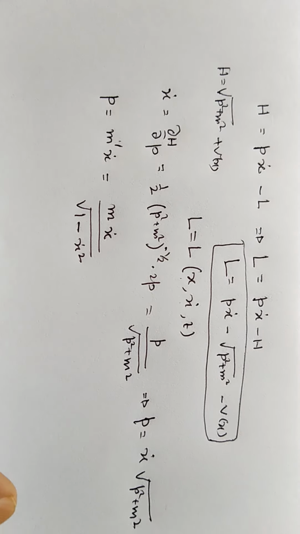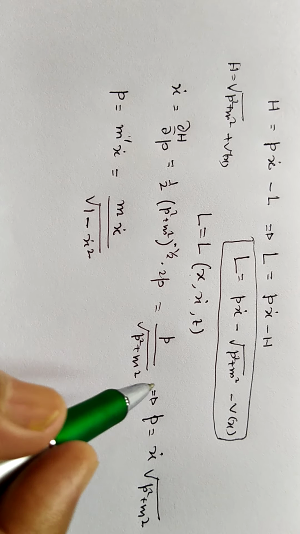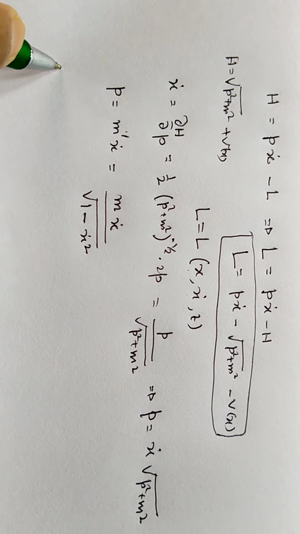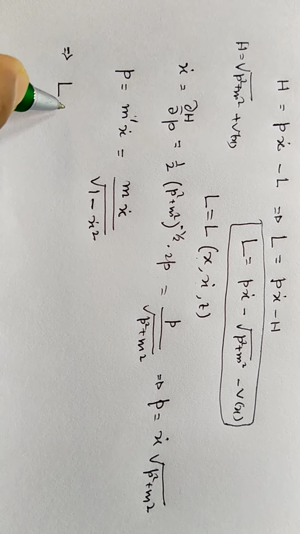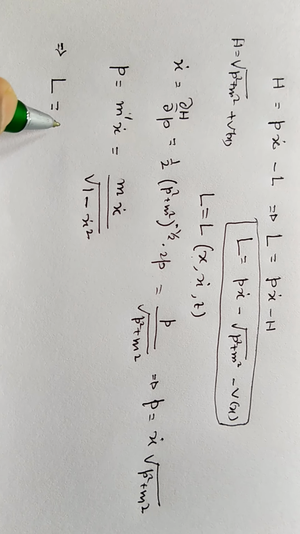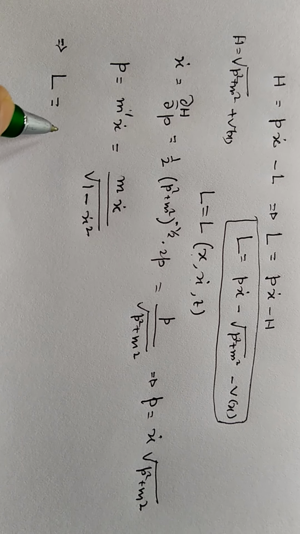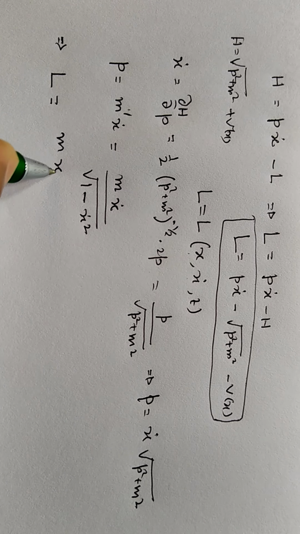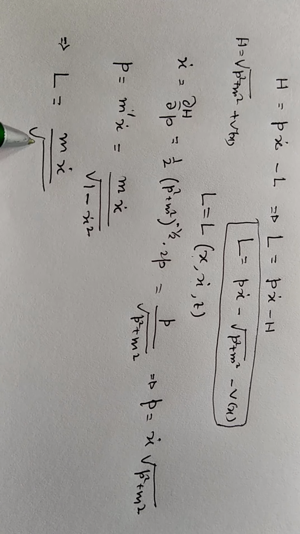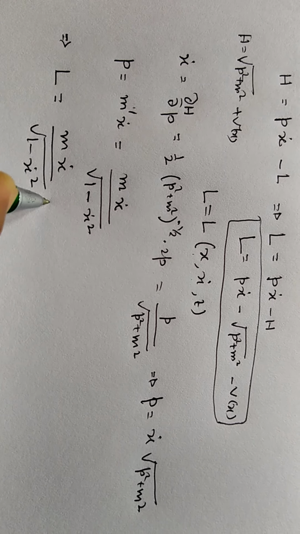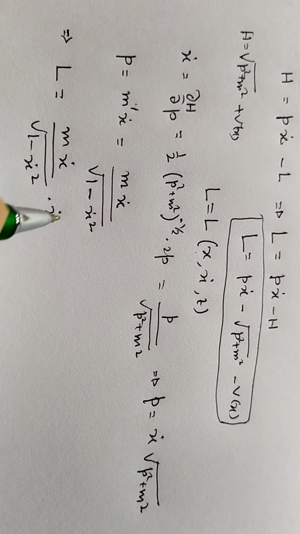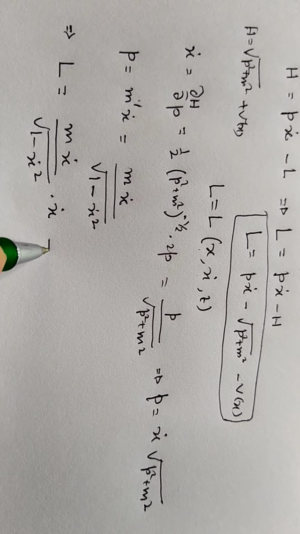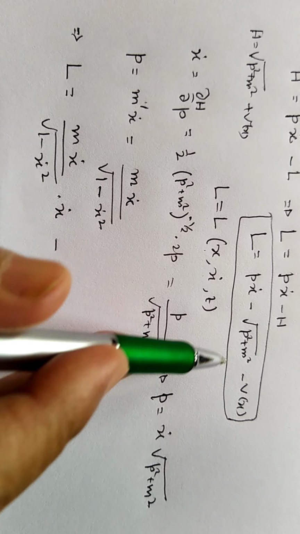Now if we substitute all these things in this, then we can write L equals p x dot. What is the value of p? It is this, so m x dot by square root of 1 minus x dot square into x dot, minus square root of p square plus m square.